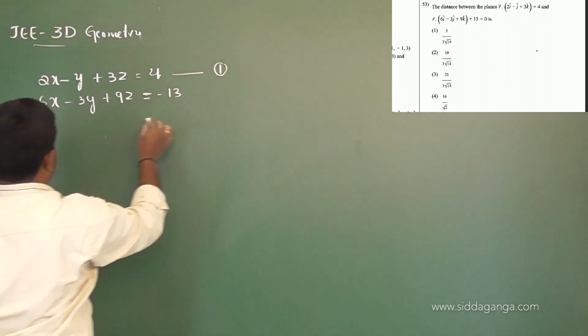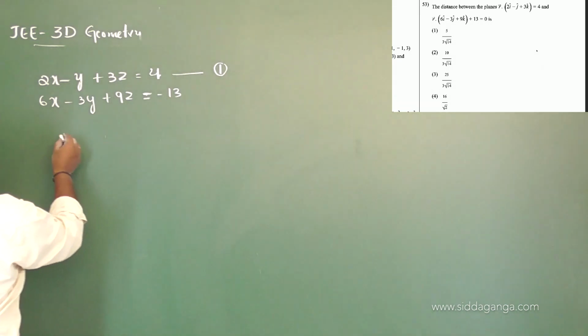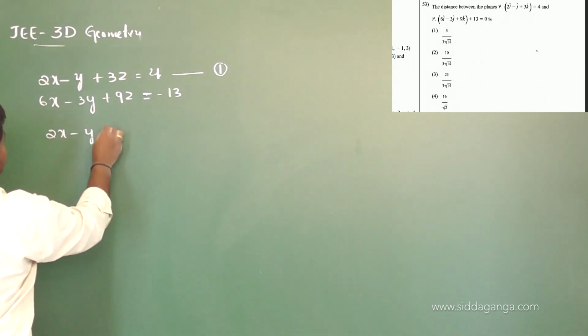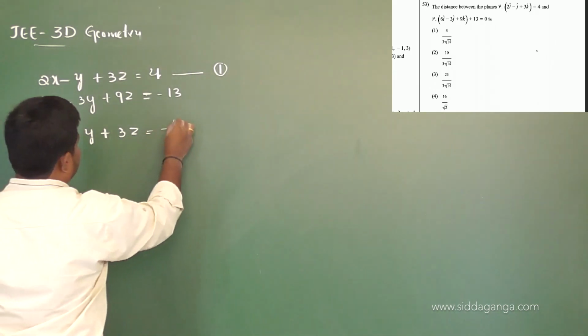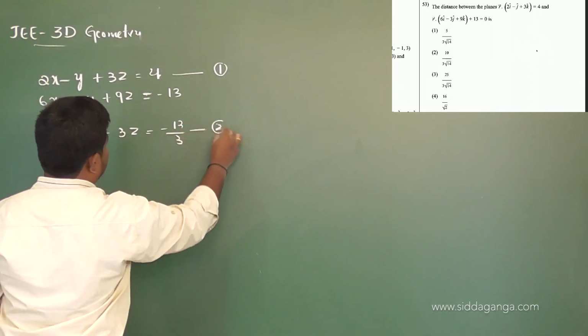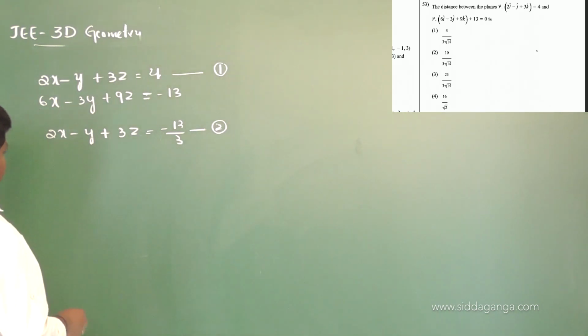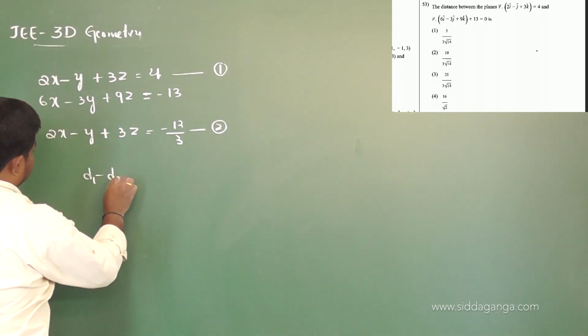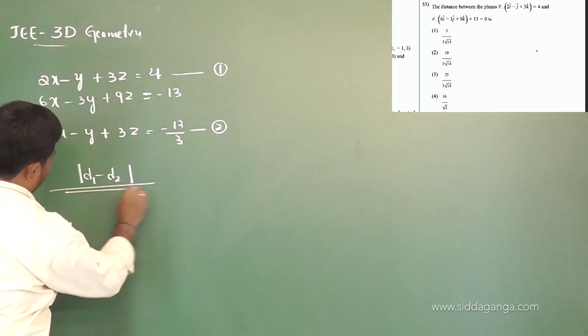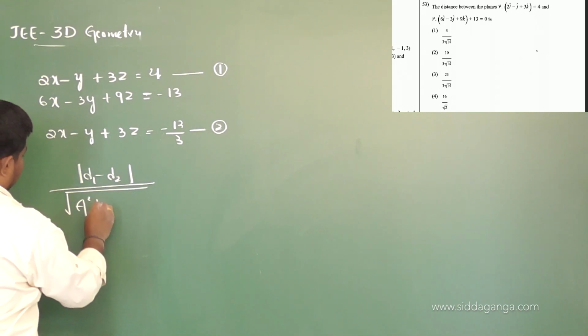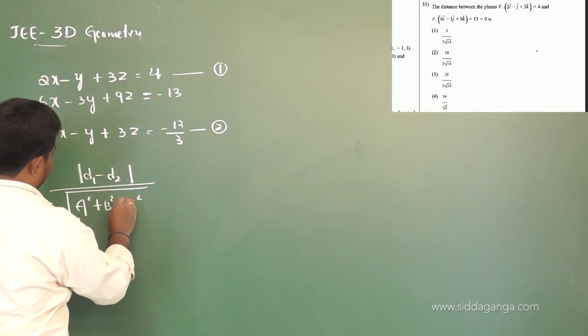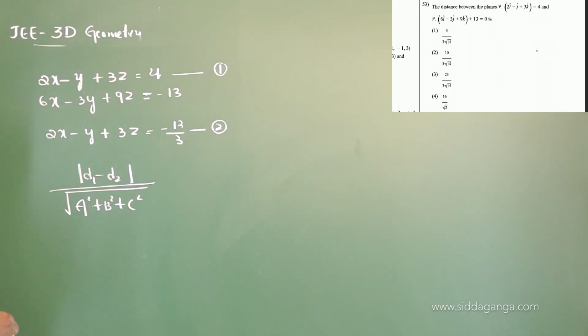Let me take this one as 1. So let me divide by 3. This you get what? 2x minus y plus 3z equal to minus 13 by 3. Observe these two equations. So these represent parallel planes because we have x, y, z coefficient same. So distance between two parallel planes is given by what? So d1 minus d2 divided by root of a square plus b square plus c square. This is your formula to find distance between two parallel planes, right?